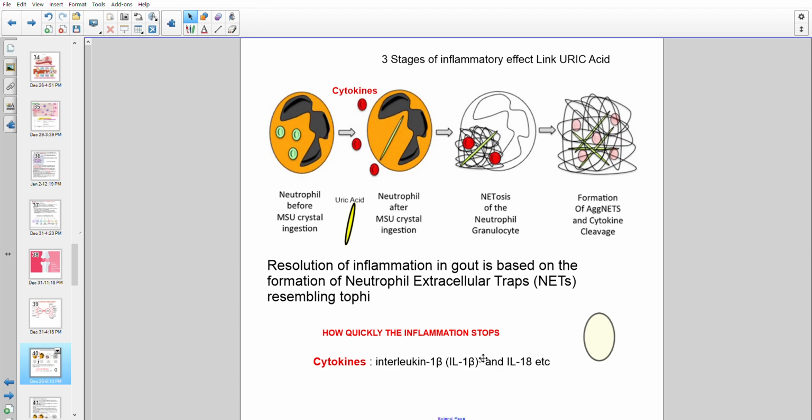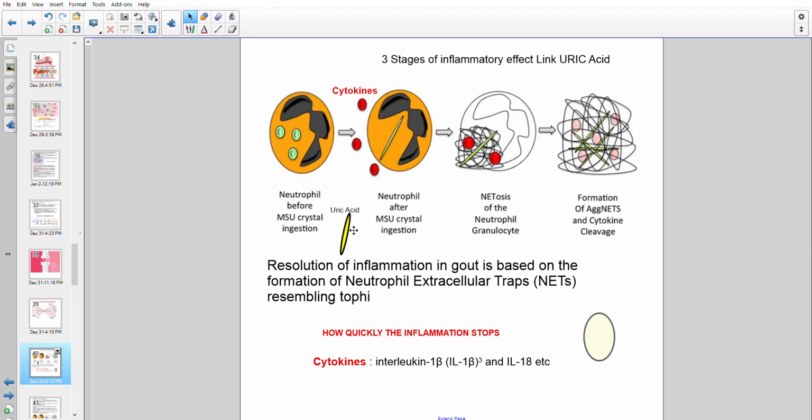Let's start again. What happens? Here is a uric acid crystal, and the red ones are the cytokines, which are interleukin 1 beta, interleukin 18, and a few others.